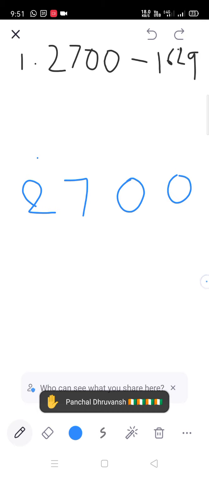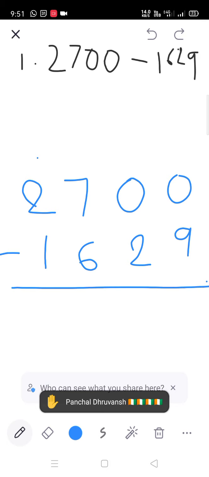2700 minus 1629. Now write down the place values: ones, tens, hundred and the thousand.